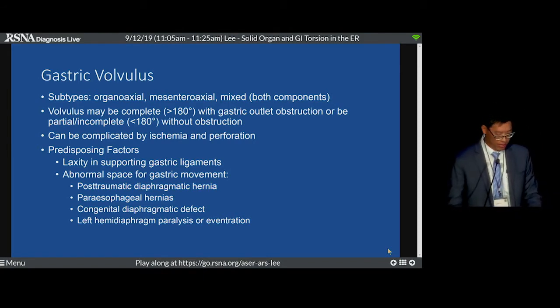And I think we all agree that the obstructive process is what really is important when you're talking about gastric volvulus. And like Dr. Melnick said, the predisposing factors here are typically because there's laxity in the gastric ligaments or enlargement of the space containing the stomach, such as in diaphragmatic hernias, defects, or eventrations.